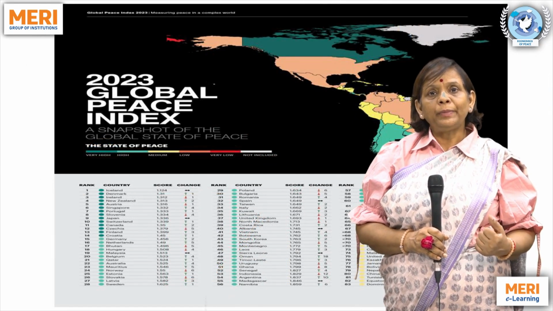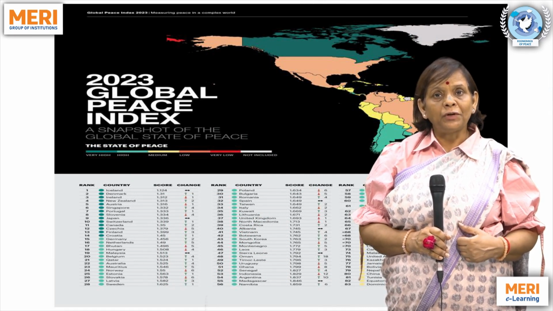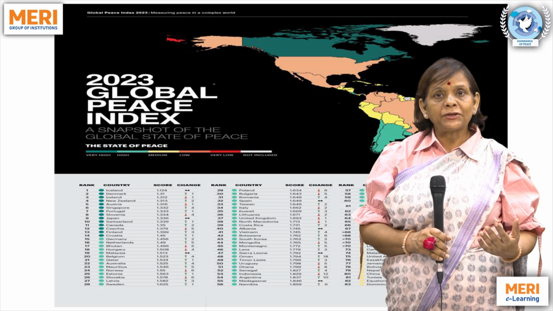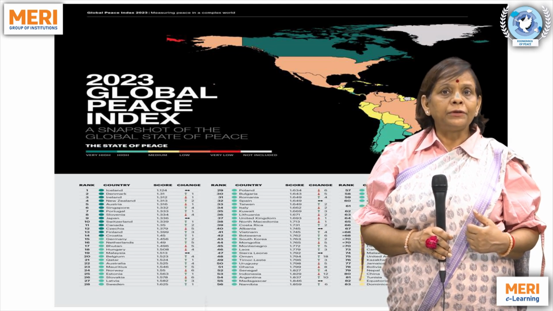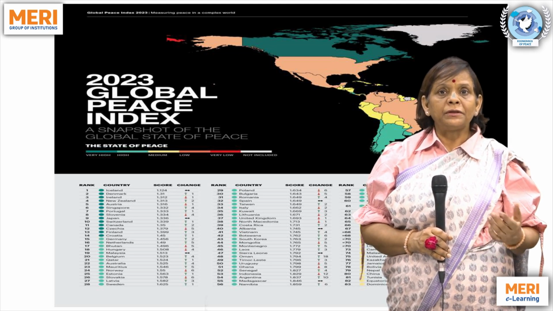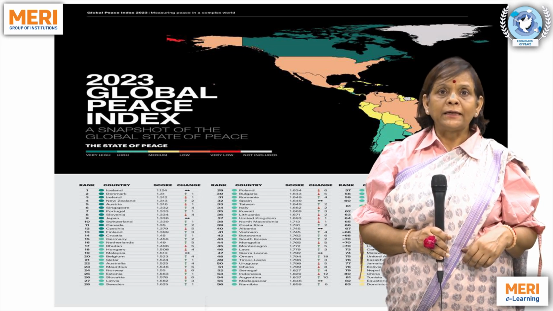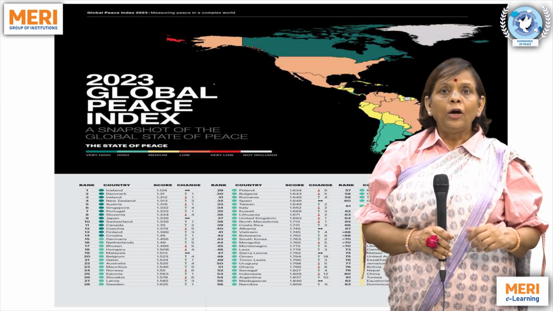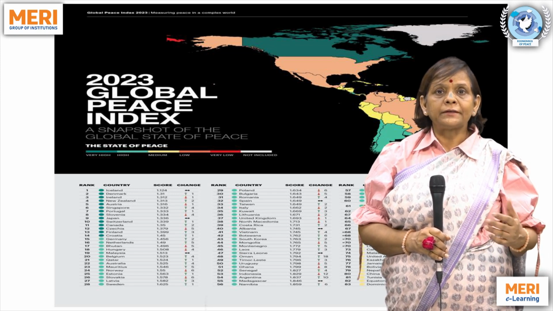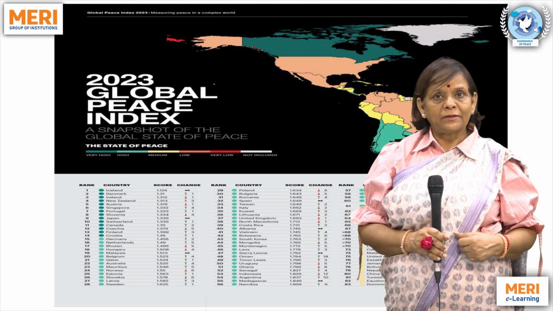The Global Peace Index covers 99% of the world population across 163 countries. IEP uses 23 qualitative and quantitative indicators to measure the state of peace at the level of society, social safety and security, and ongoing internal and international conflicts in the present times.